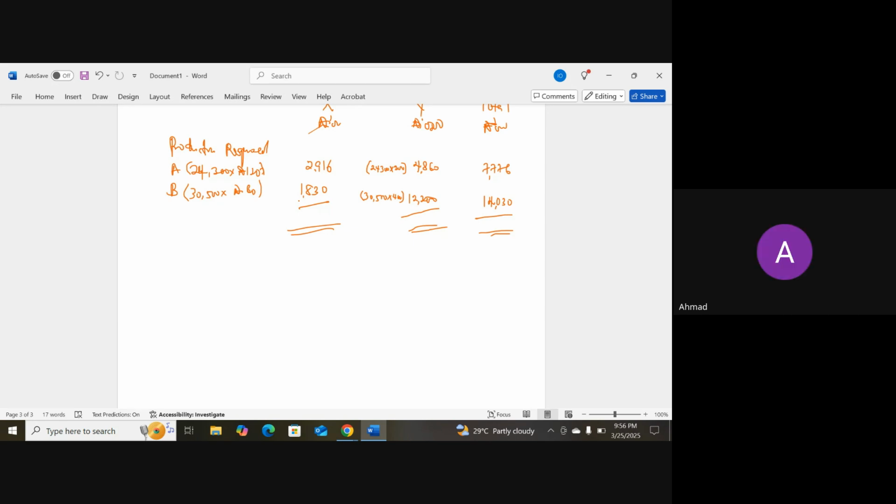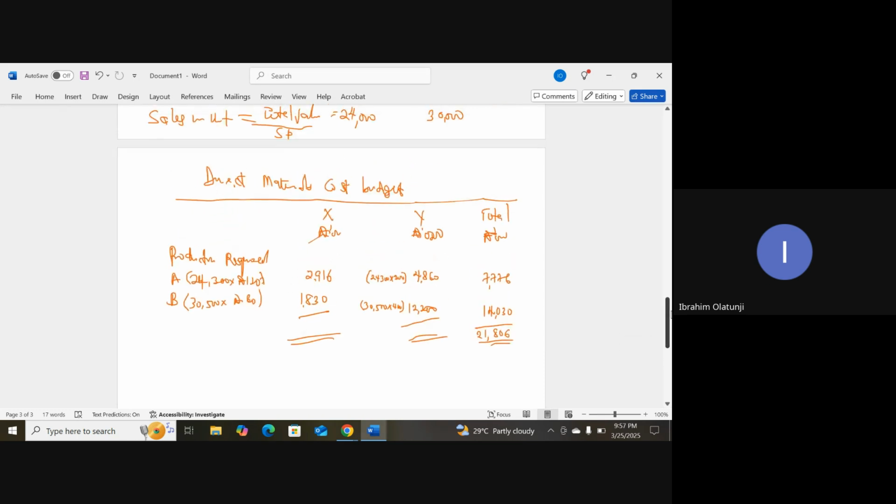The total is 21,806. Yes, the total column. Out of X and Y, X is 4,746.